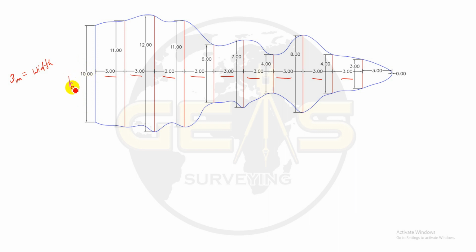H sub 1 is 10, H sub 2 is 11, H sub 3 is 12, H sub 4 is 11, H sub 5 is 6, H sub 6 is 7, H sub 7 is 4, H sub 8 is 8, H sub 9 is 4, H sub 10 is 3, and H sub 11 is equal to 0 meters.